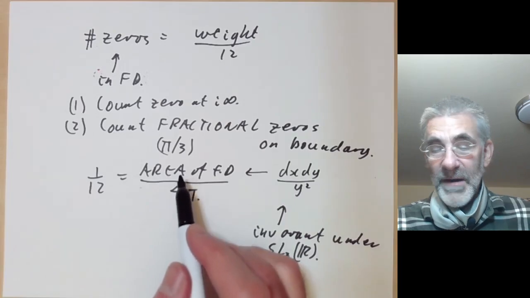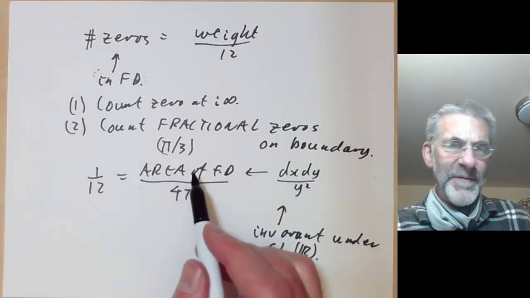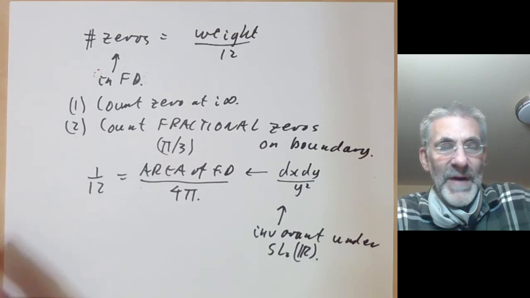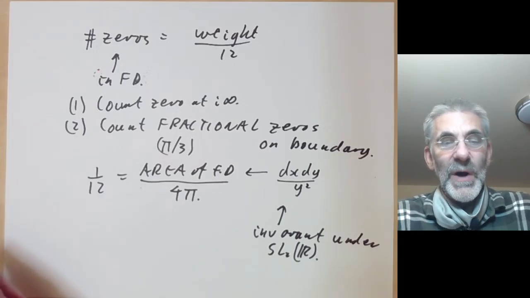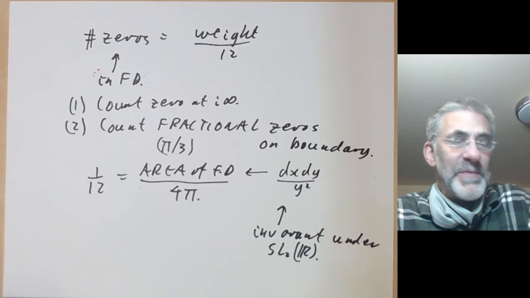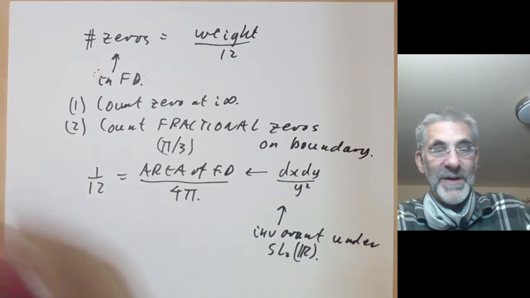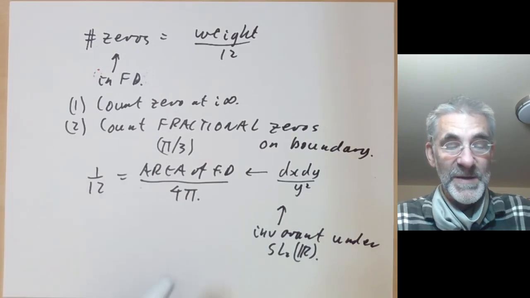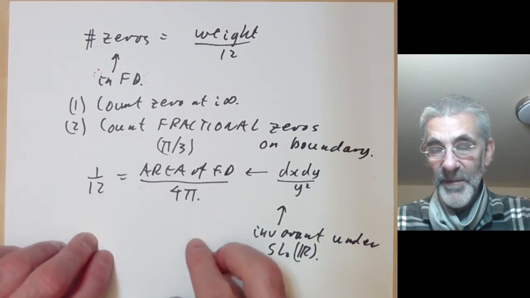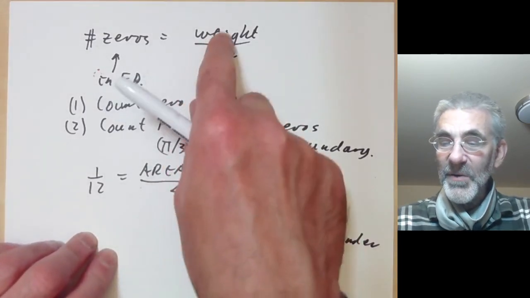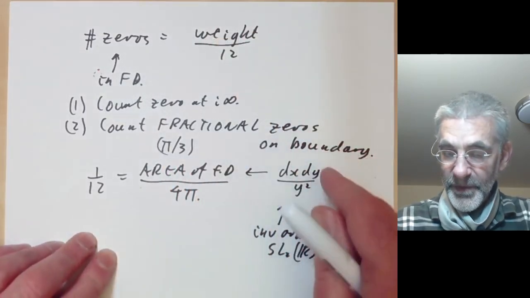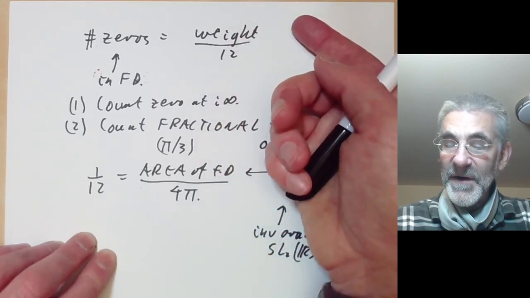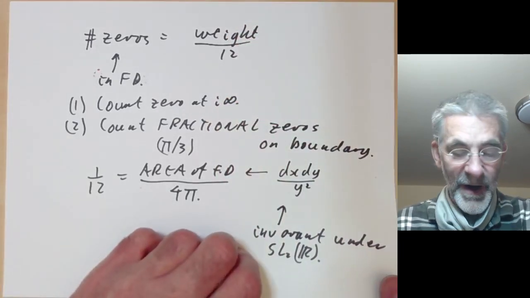And the area turning up is actually very natural, because if you had a fundamental domain that was twice as big, you would obviously expect to get twice as many zeros, because you've got twice as much area for the zeros to be in. So in general, the zeros would be the weight times the area of a fundamental domain divided by 4 pi.